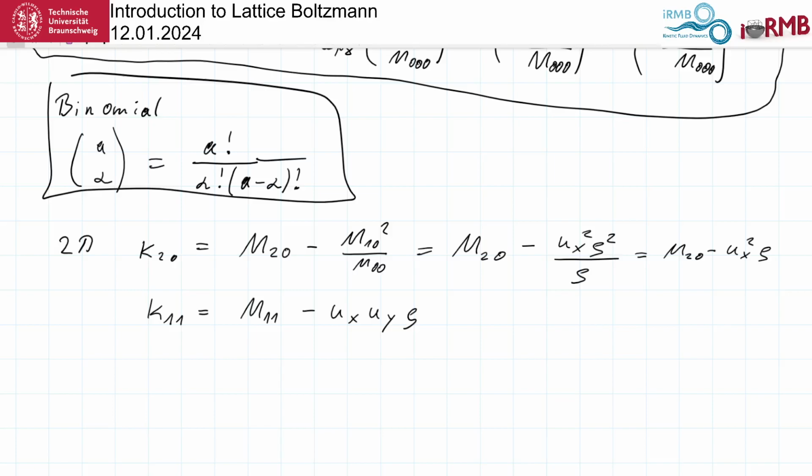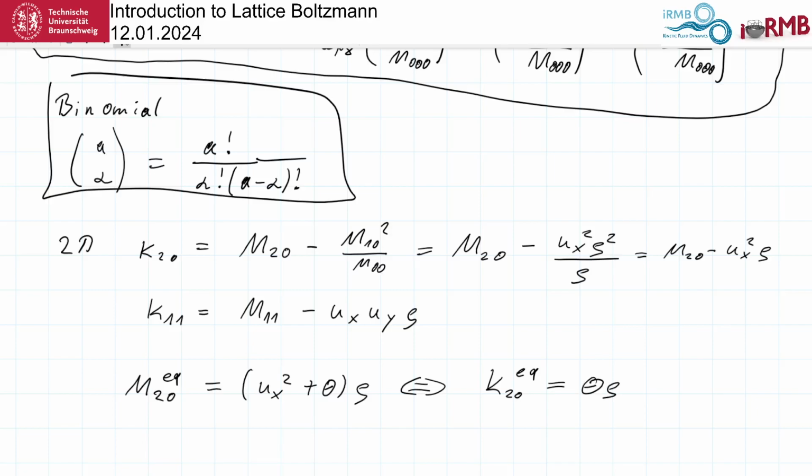In that, we can also look at the equilibria. For example, we know from previous lectures that the equilibrium of the second order moment is ux squared plus theta times rho, and this is equivalent to the equilibrium of the central moment being theta times rho.